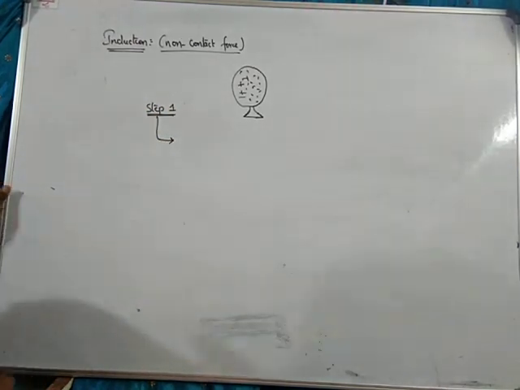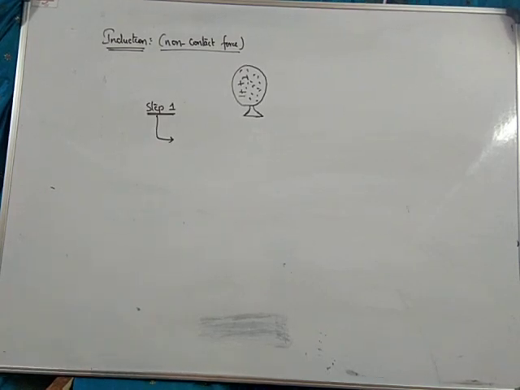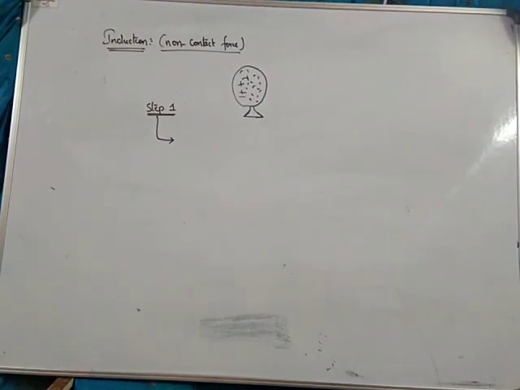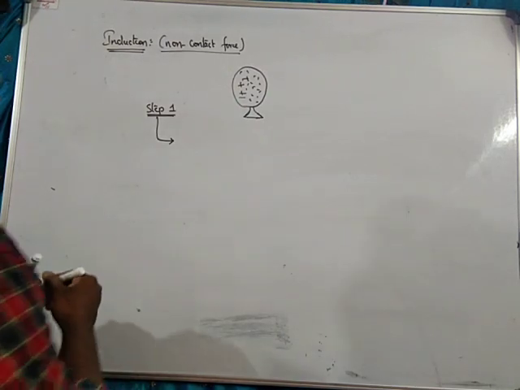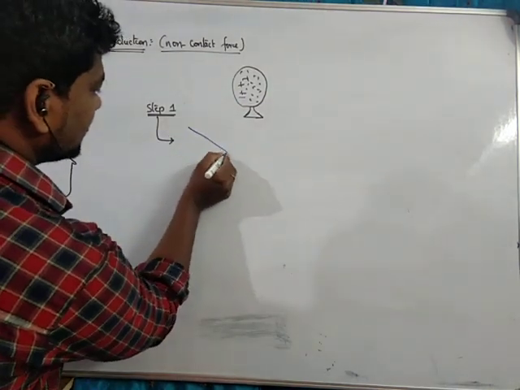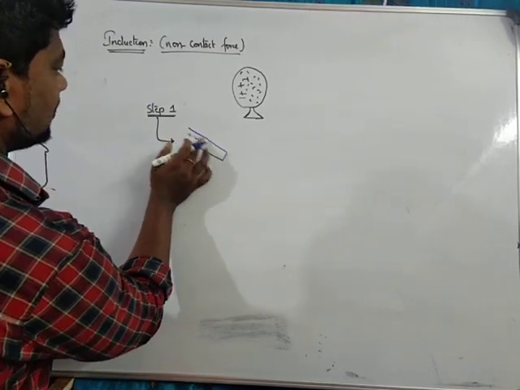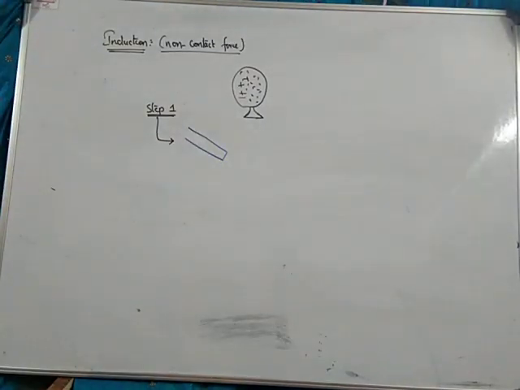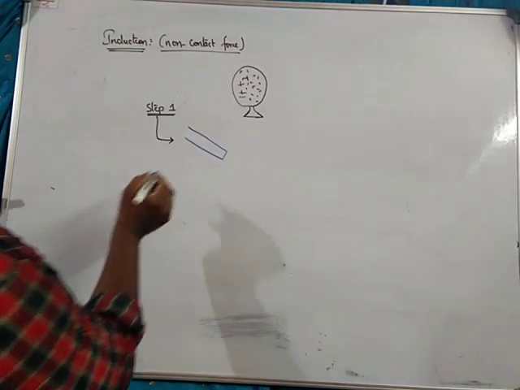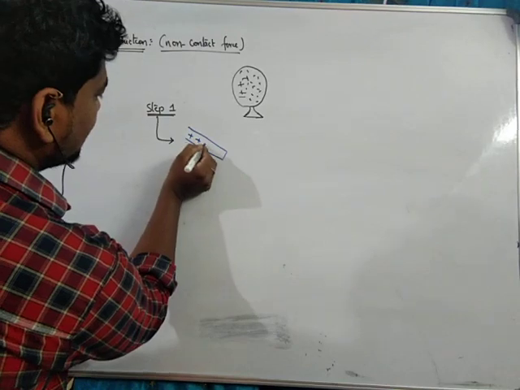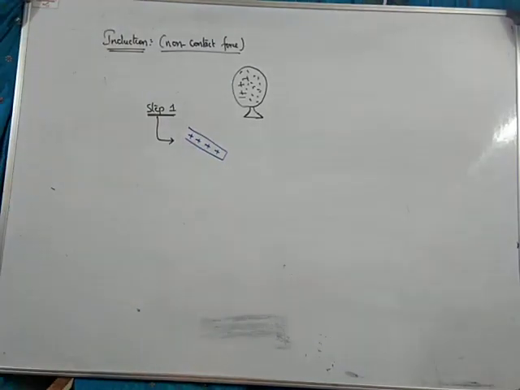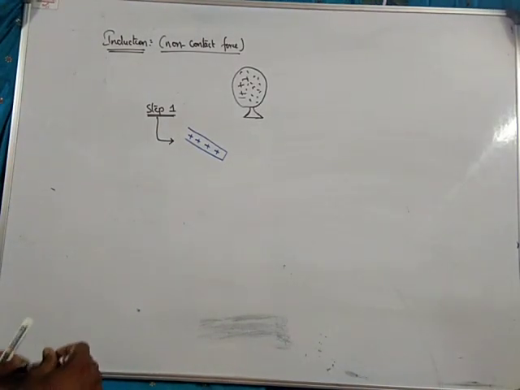So in step 1 we consider a rod which has a positive charge. It has only a positive charge.